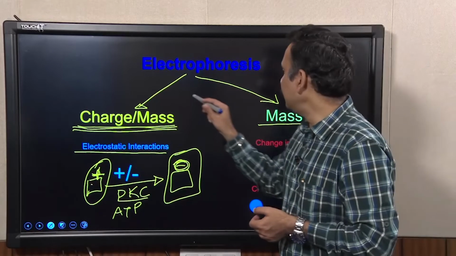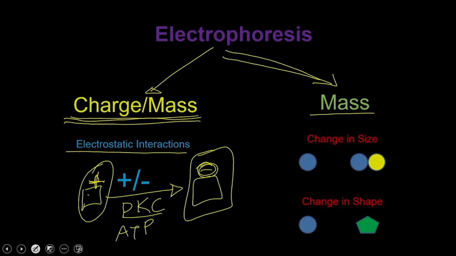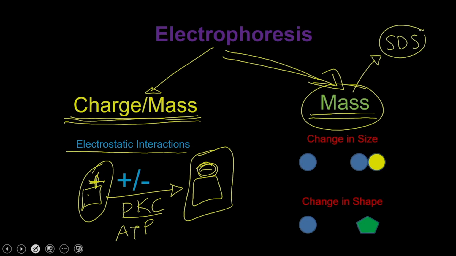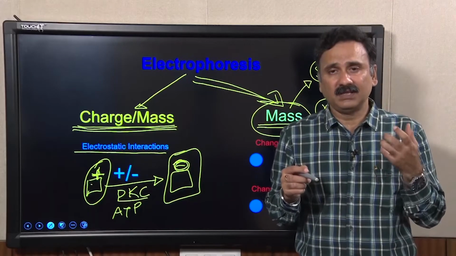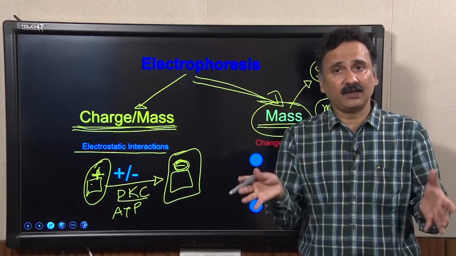Similarly, electrophoresis also considers the mass, which means it separates molecules based on mass. For example, when you add SDS into the electrophoresis, the charge gets neutralized and the molecules are separated only based on mass, which tells you the change in the mass or size of the molecule.